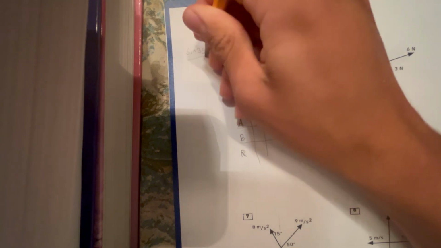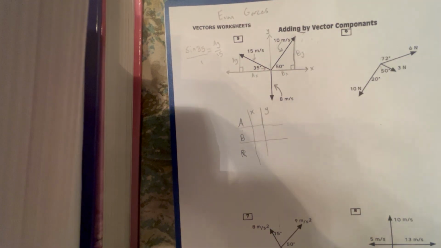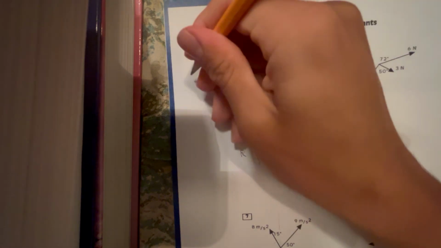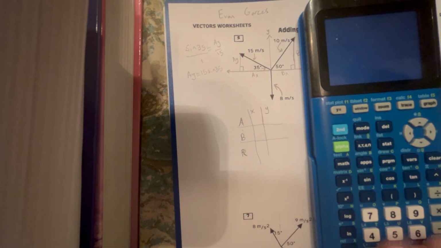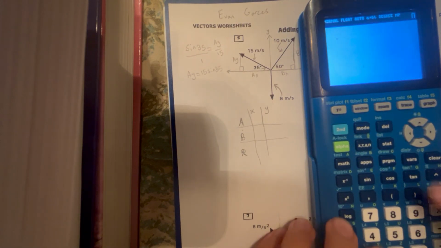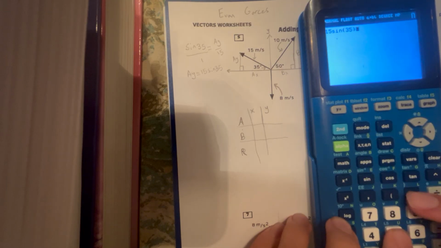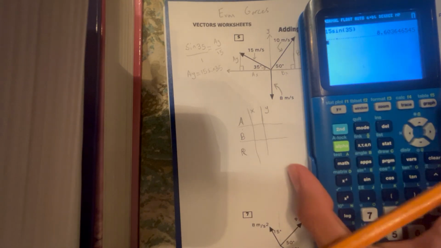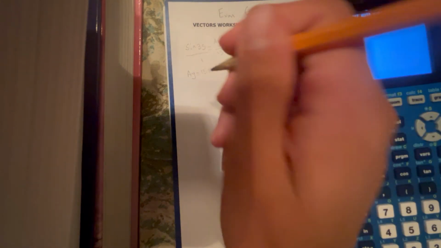Then you cross multiply, and you get A of Y is equal to 15 sine 35, which in the calculator is a big number. Let's just write 8.6.